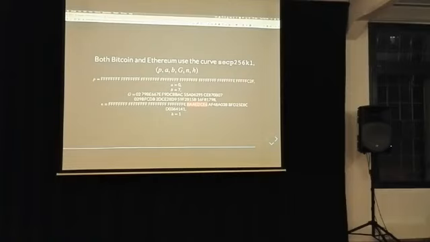So if you compare this number with this number, they're only about 2 to the minus 128% different. They're very, very similar numbers.